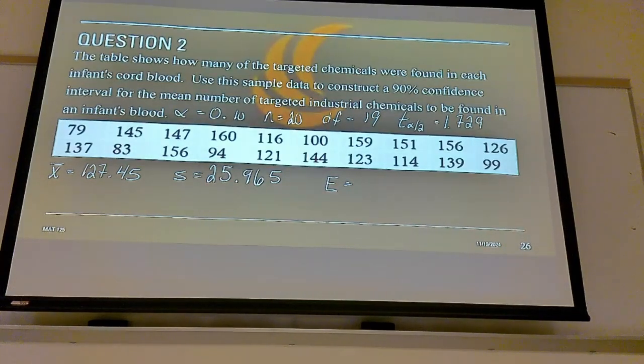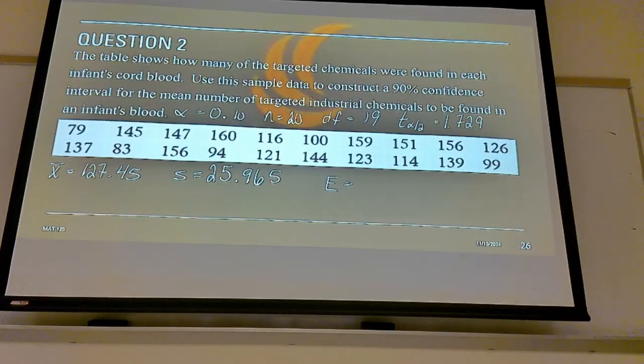That's going to help us. The margin of error is t alpha over 2. I'm not going to write that out for the sake of room. 1.729, so the critical value times the standard deviation divided by the square root of our sample size.